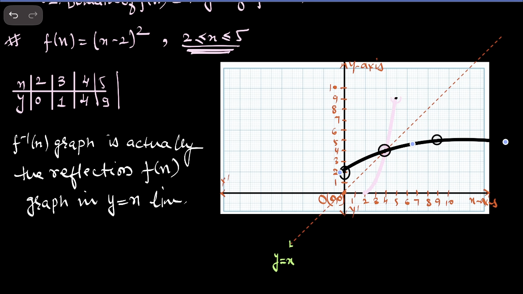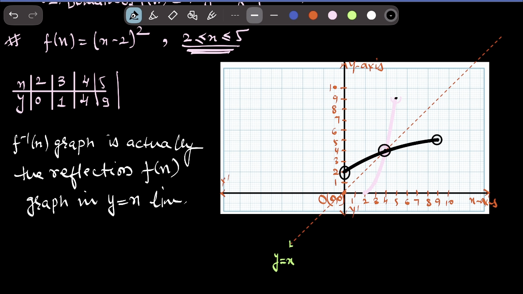Yes, now you can see that the black color curve is actually representing the inverse function of f of x on the graph.